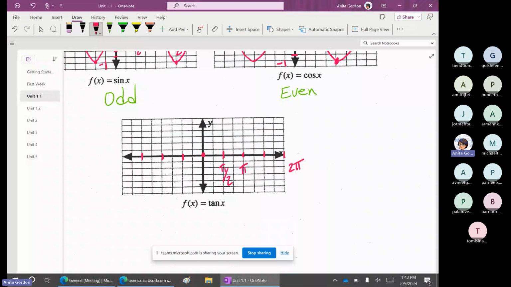Tangent. What does tangent look like? Kind of like a squiggle. If I were to compare it to a power function, which power is it most alike? A cube, yeah. So it kind of looks like this.